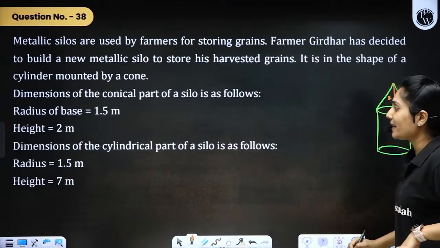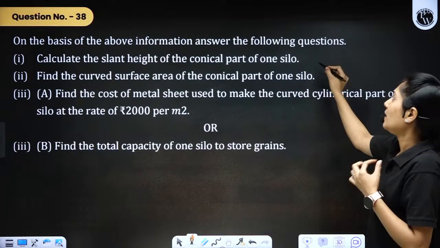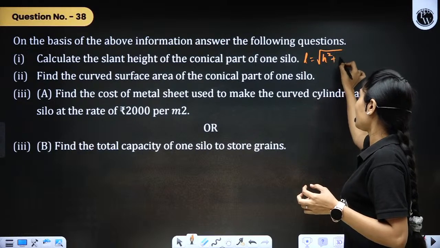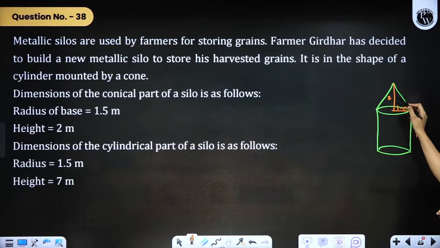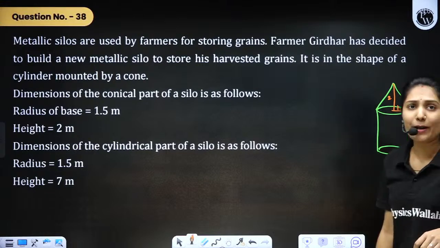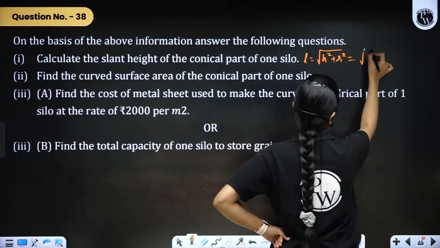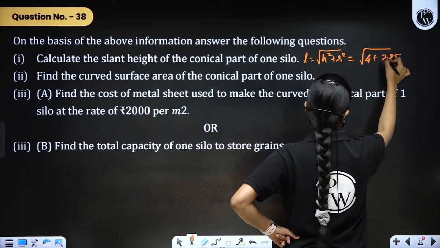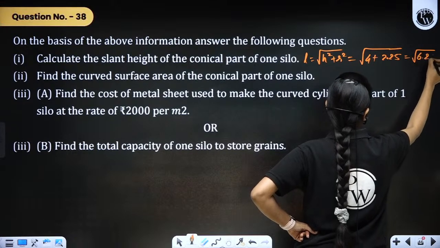Now what does it say? Calculate the slant height of the conical part. So slant height is nothing but under root of h square plus r square. Correct? The height is 2, radius is 1.5. So 2 square is 4, 1.5 square is 2.25. So it is under root of 6.25.